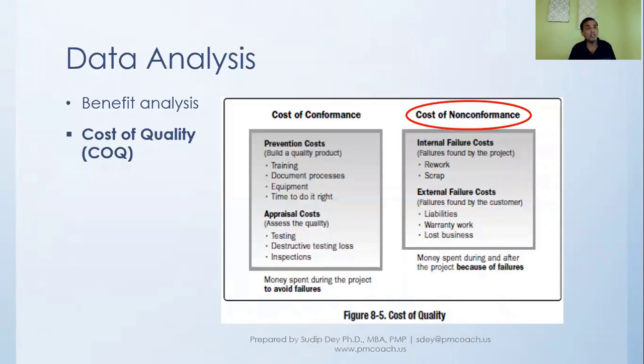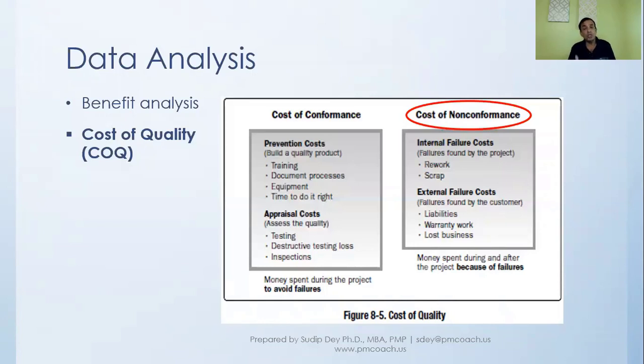It is still with us, but when we are testing, we find that things don't work, and then we have to rework, or scrap a part and redo it. It adds up to the cost because of failures that have been found in the project. These are internal failure costs.